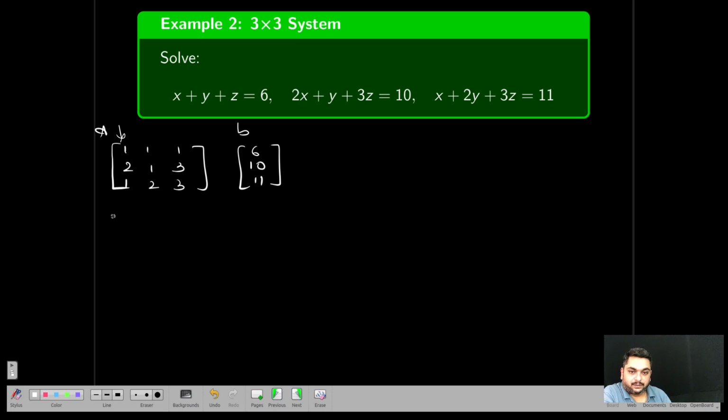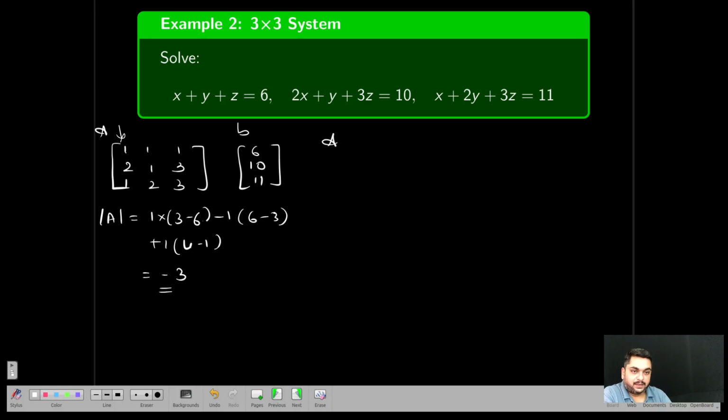Now find the determinant of A. Determinant of A is equal to 1 into (3 minus 6), minus 1 into (6 minus 3), plus 1 into (4 minus 1). This will be minus 3.